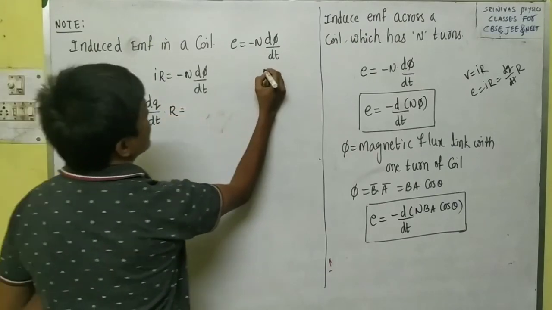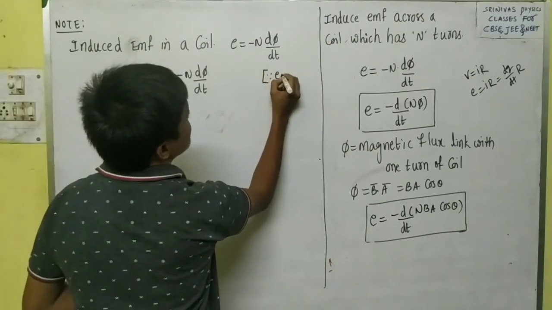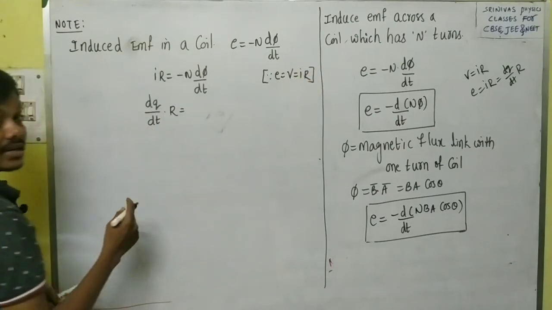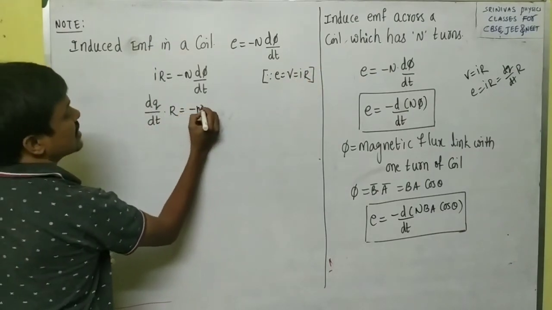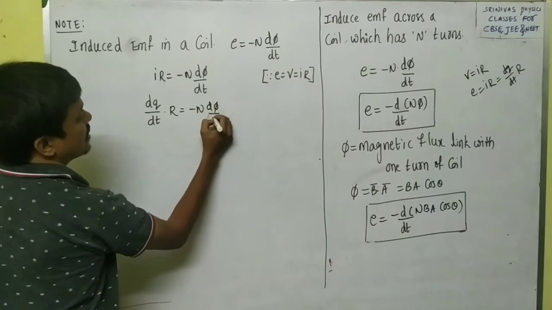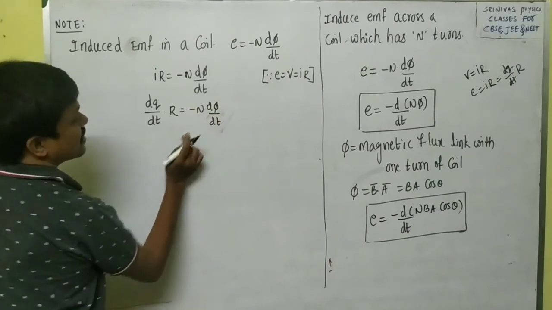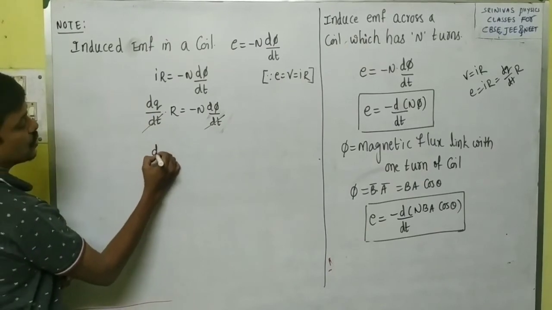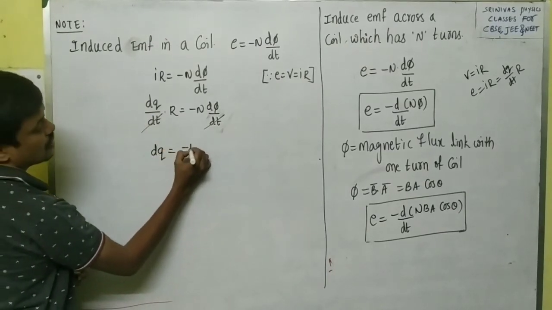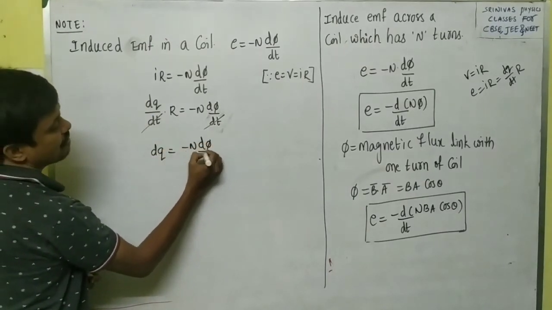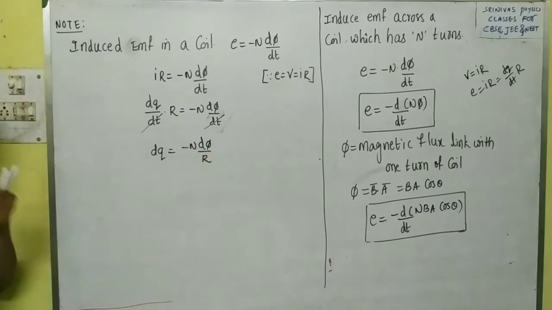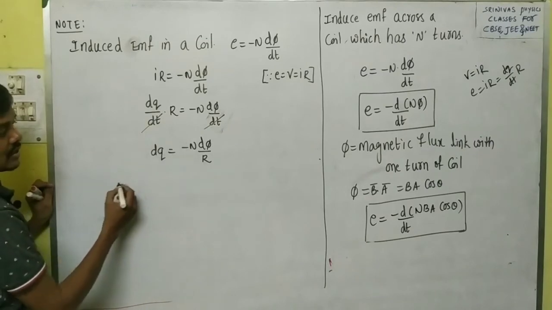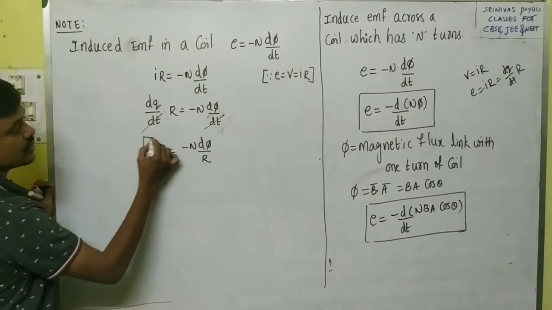Here we are writing the E. E is nothing but V. V is equal to IR, where R is the resistance. So IR is equal to minus n d phi by dt, and here dt will cancel. Then dq is equal to minus n d phi by R. And this is the induced small amount of charge.